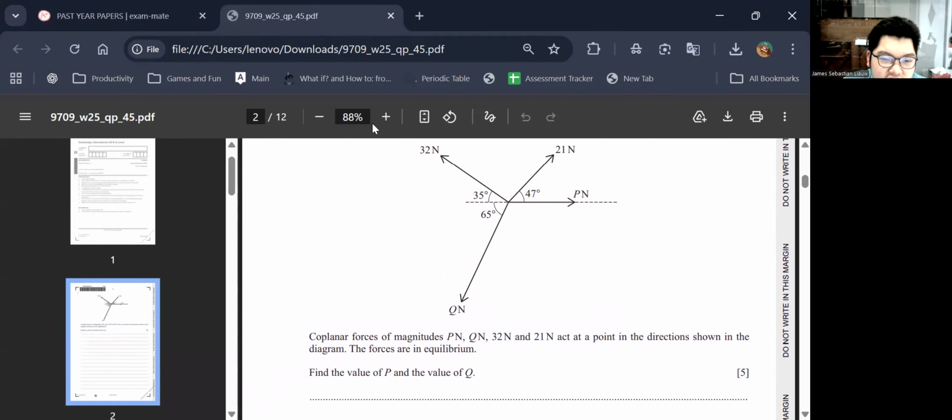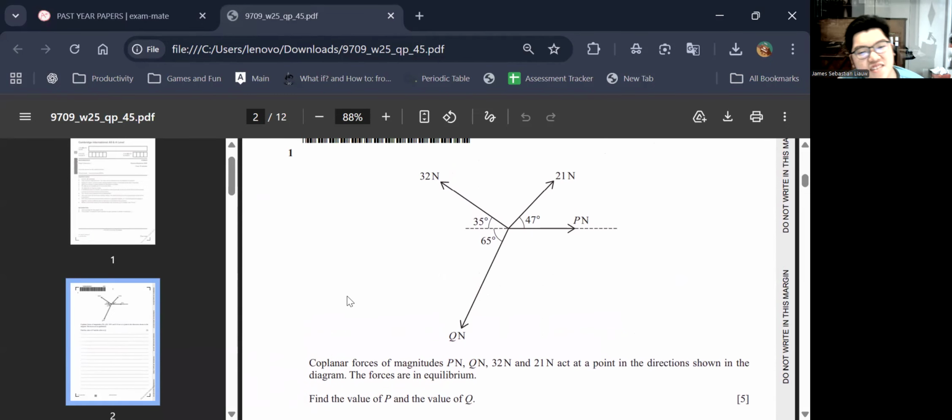Right. So let's begin with question 1. This is a very classic kind of question, to resolve a system of forces in equilibrium.